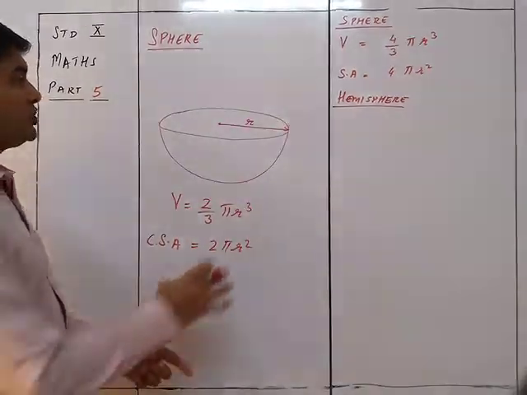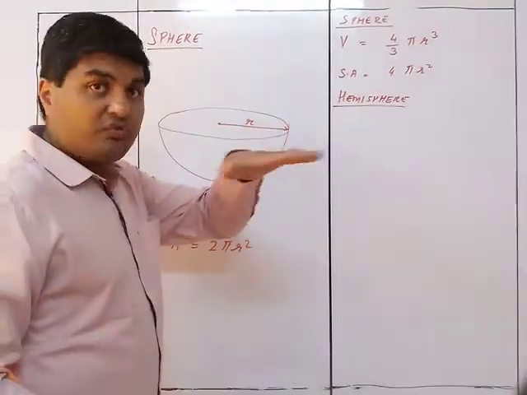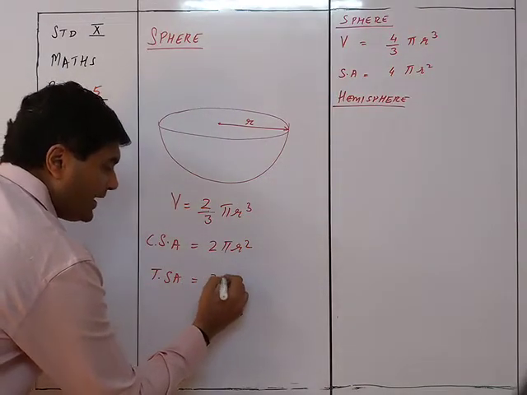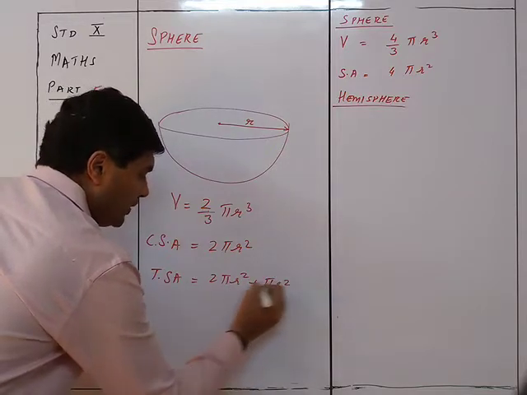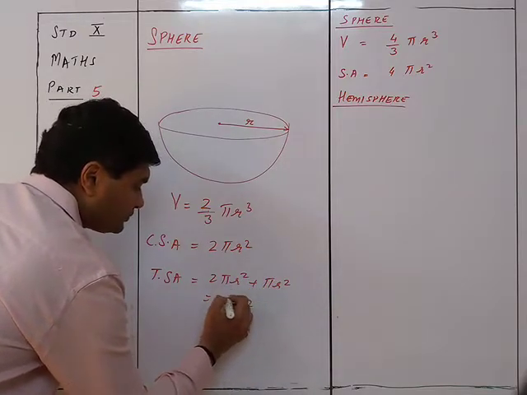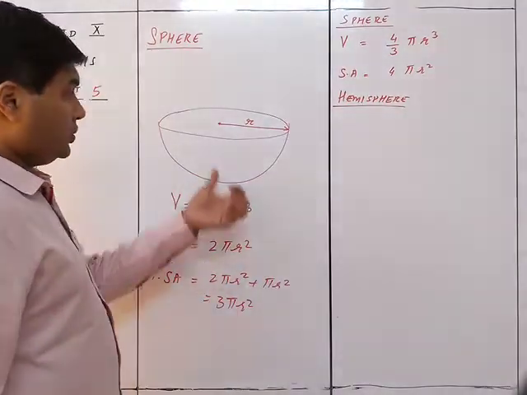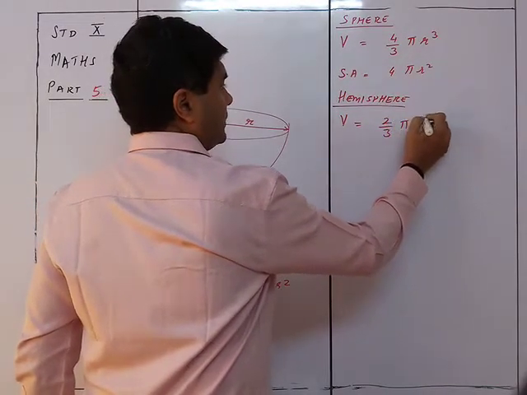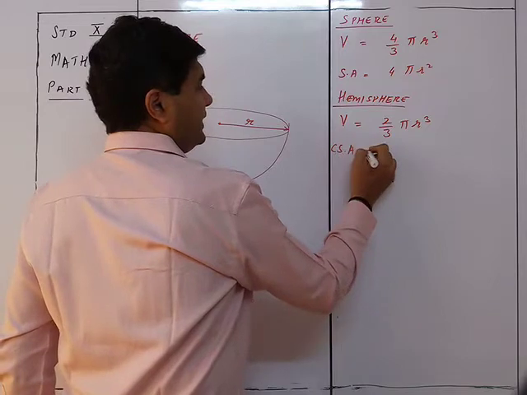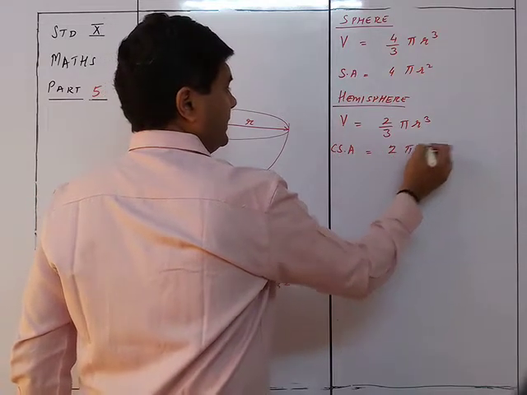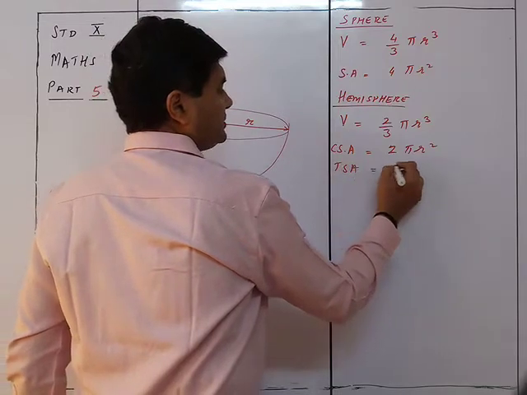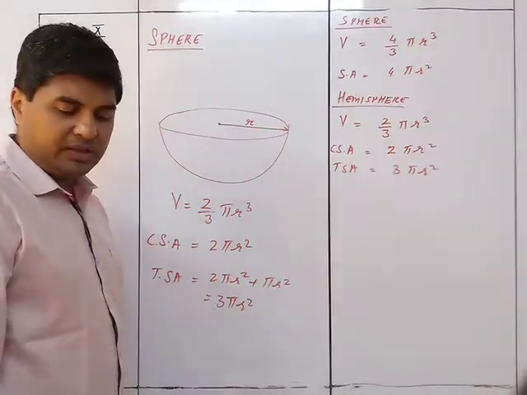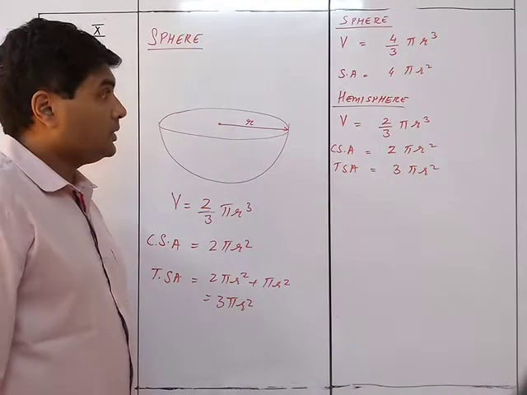But here you also have the upper layer, तो flat area भी है उसमें, therefore there will also be TSA, and that will be 2 pi r square plus pi r square, which is 3 pi r square. Got it? So hence we get volume is equal to 2 upon 3 pi r cube, curved surface area is equal to 2 pi r square and the total surface area is 3 pi r square. So that is about the hemisphere.